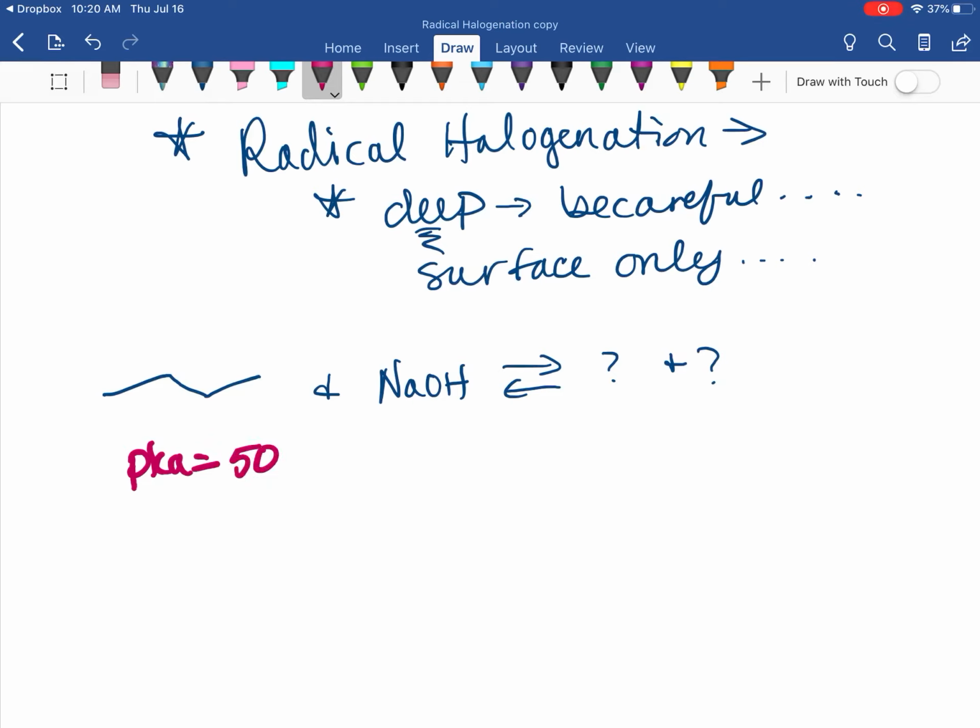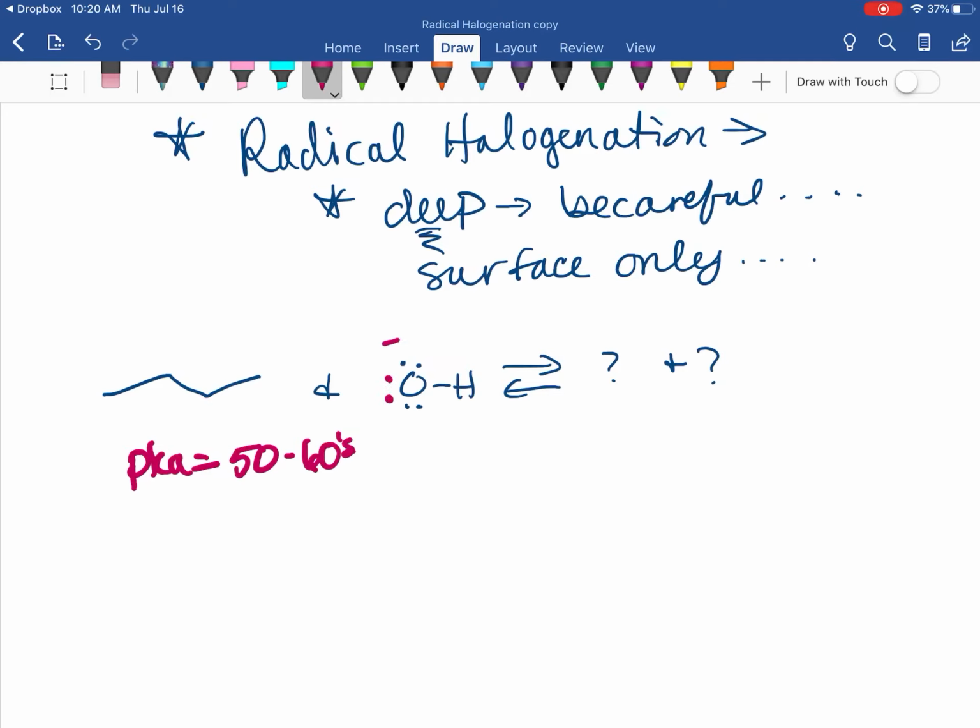In general, the pKa of our alkanes is phenomenally high. You're going to find it's probably somewhere in the 50 to 60s range. And then our sodium hydroxide, we don't even need the pKa table, so I'm going to take the extra step and draw my structure.